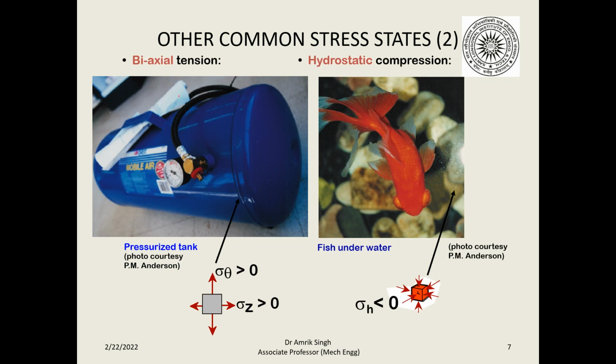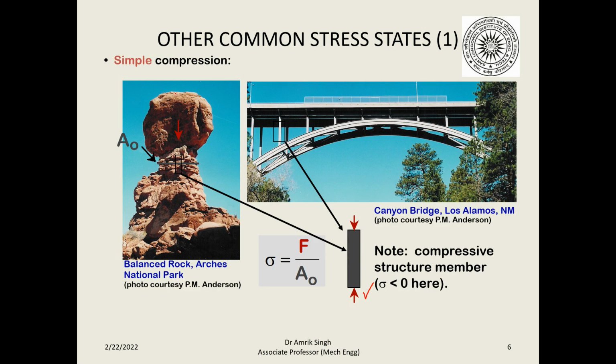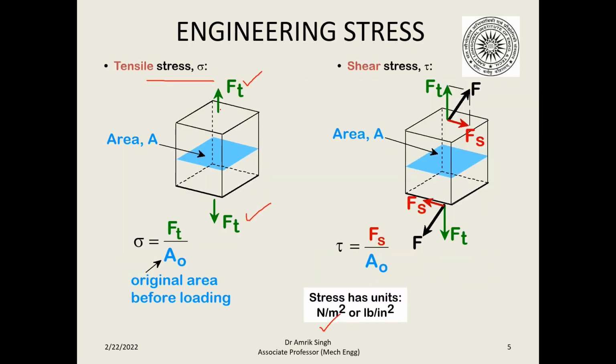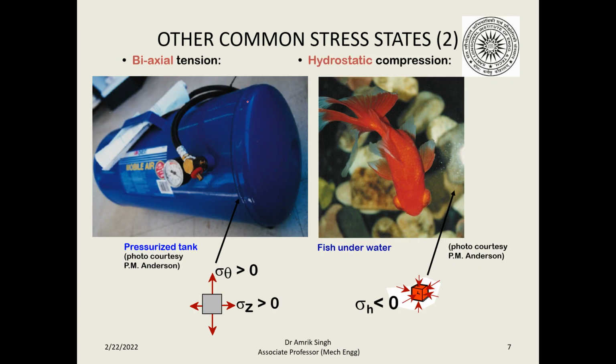Then we have uniaxial tension. Uniaxial tension means it is in one direction. Here we have a biaxial tension. You see it is an air pressurized tank in which we have a pressure gauge.